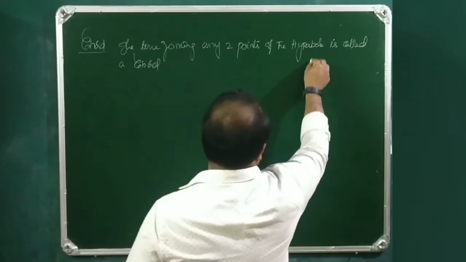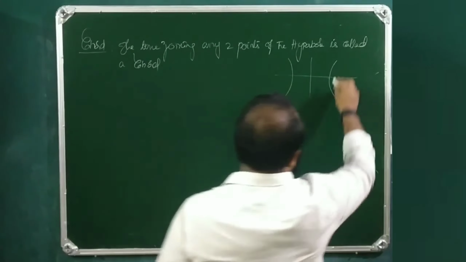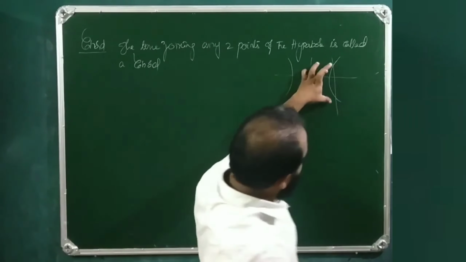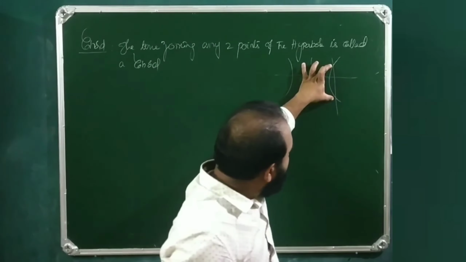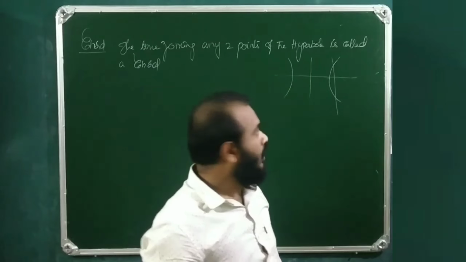So, this is the hyperbola and this is the chord. This chord is the line joining the 2 points of this hyperbola.